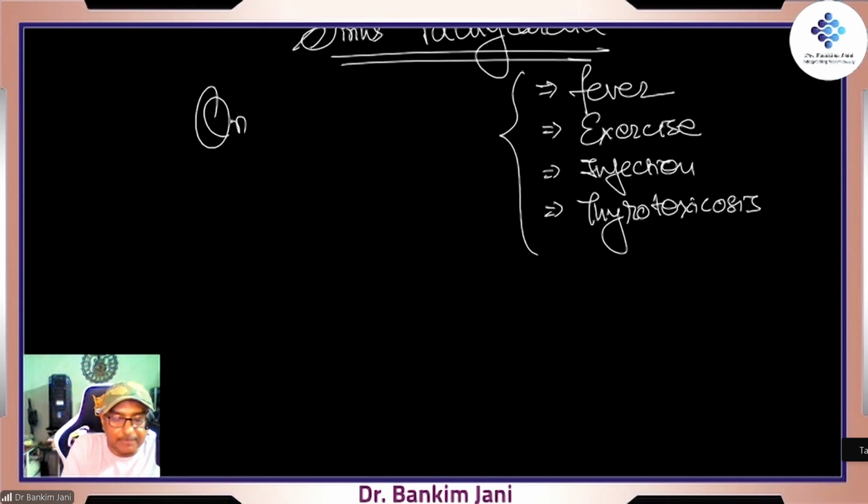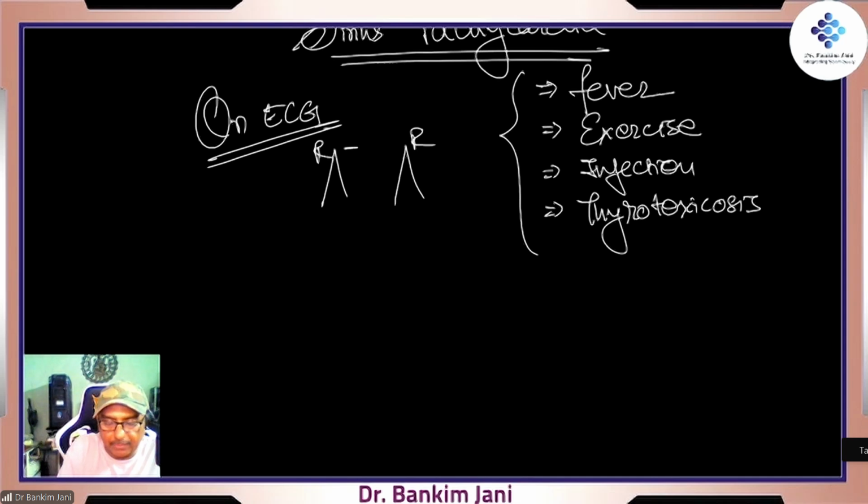Now, how do we know? On ECG, if I give you the strip of ECG, you'll be able to immediately tell what the heart rate is. We said go for R, for rising R. RR, see that?